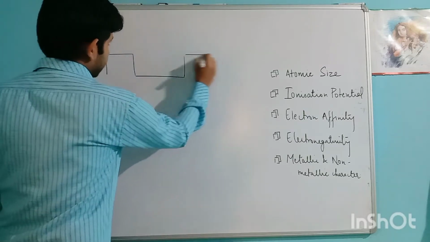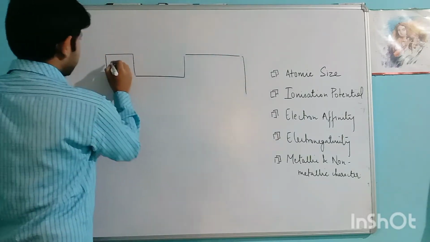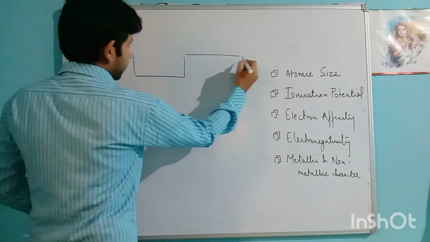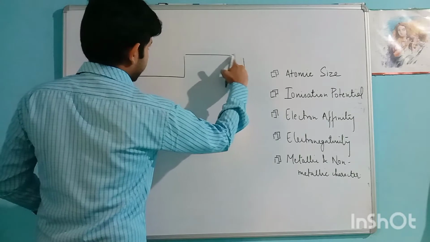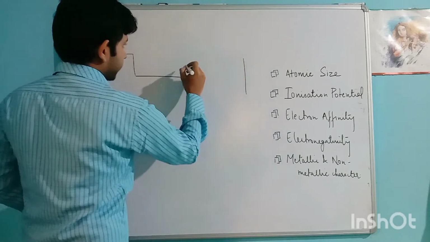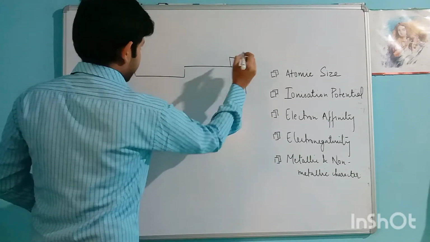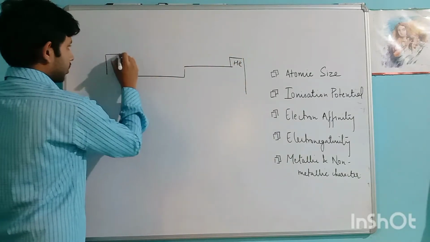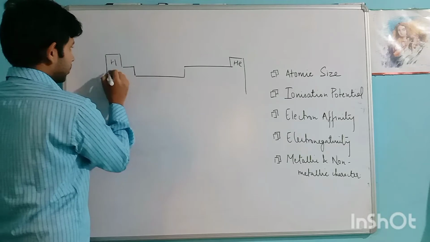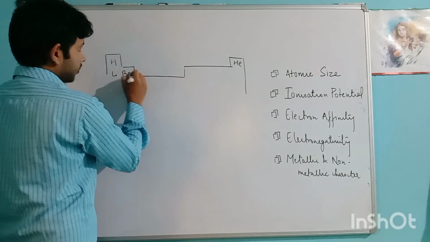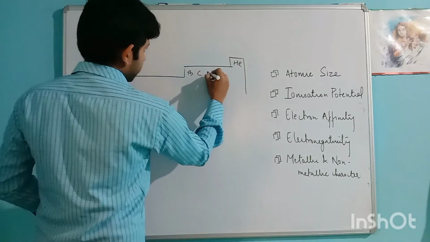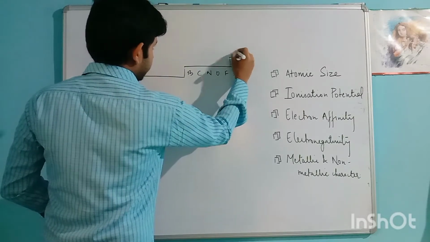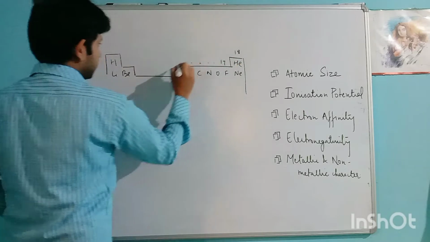suppose this is a general periodic table I am drawing. There is hydrogen, helium. This is group 18, this is group 17, and this are so on.